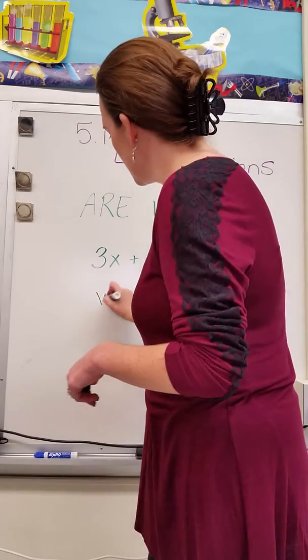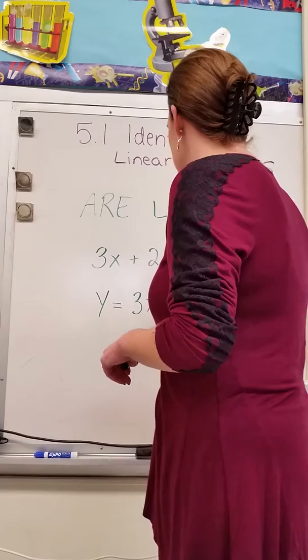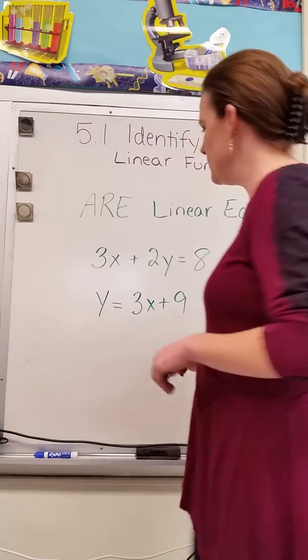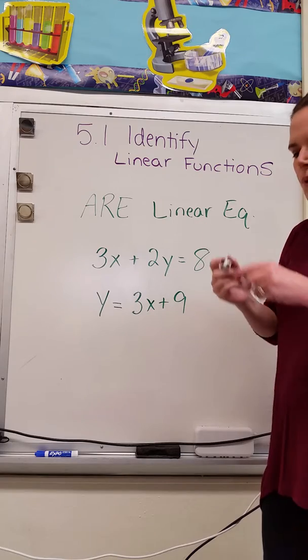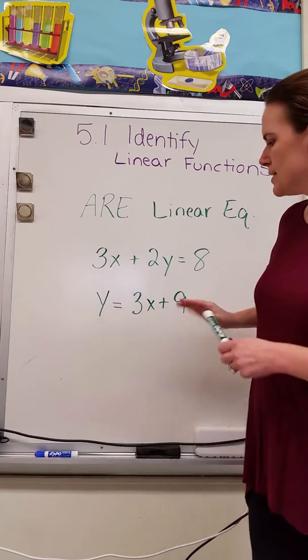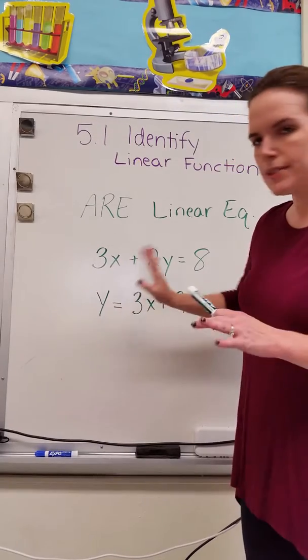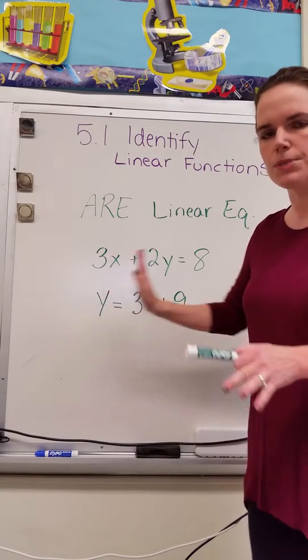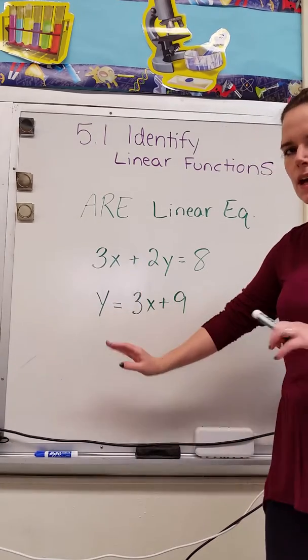So if you have something like y equals 3x plus 9, this is a linear equation. And you can tell it's a linear equation because there's no exponents. The x and the y are separate, so they're not being multiplied or divided by each other. And there are no x's or y's in the denominator.